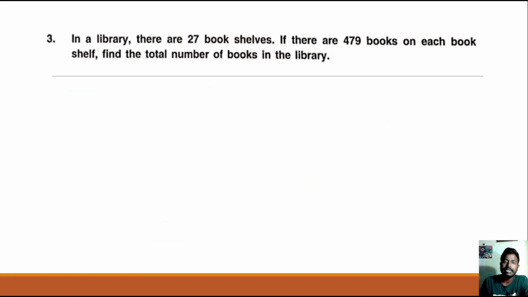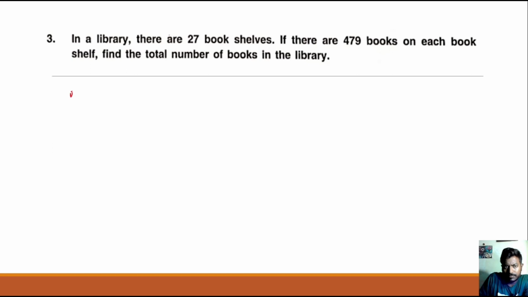Now the next question, question number 3. In a library there are 27 bookshelves. If there are 479 books on each bookshelf, find the total number of books. First you should write down the number of books on each shelf.